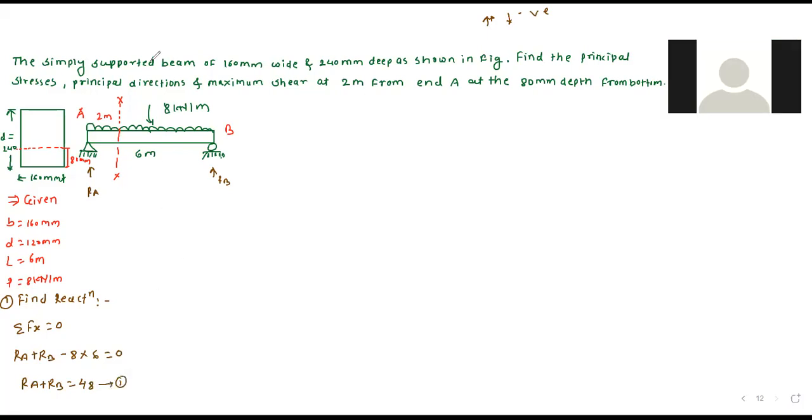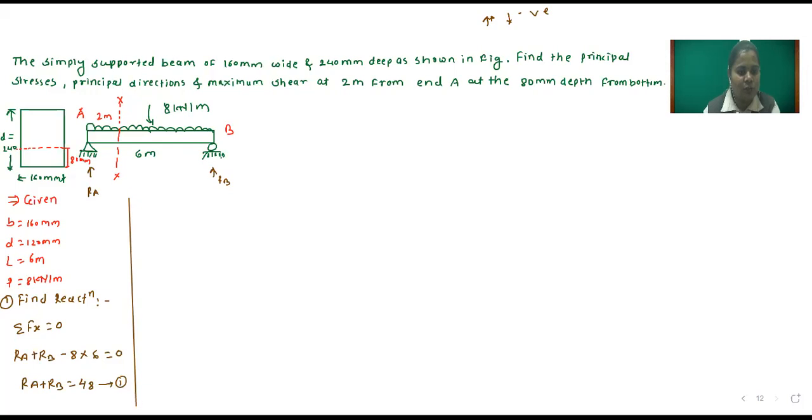Then the next equation: we apply summation moment at point A, which is equal to 0. Now we will find the moment at A. Whenever we calculate moment, please remember clockwise moment is considered positive and anti-clockwise moment is considered negative.